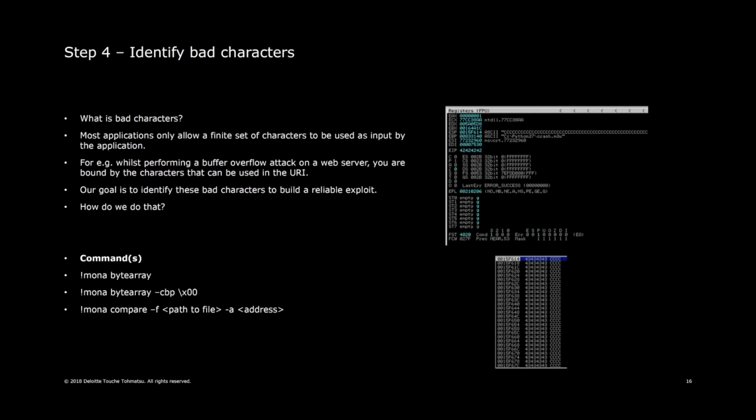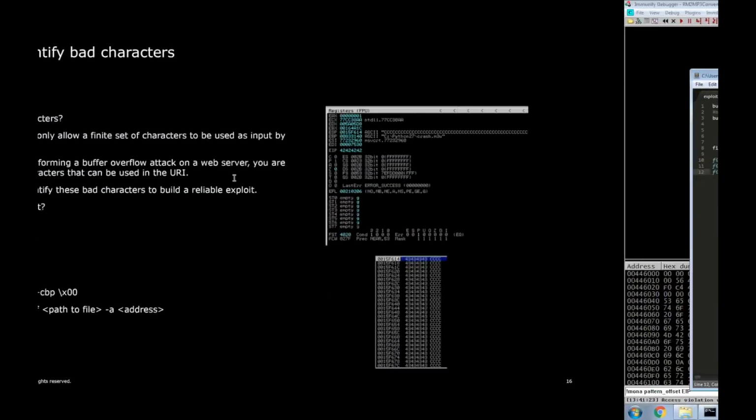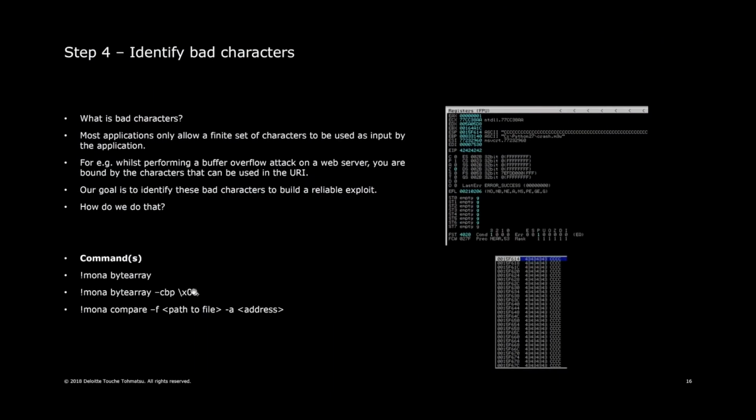So, for example, the character x00, which is a null byte, is almost completely incompatible with most programs. So in our exploit shellcode, we cannot use this character. We need to exclude that in anything we do. But often there are other characters as well. So before we can try to exploit this program, we need to figure out what all of the bad characters are.